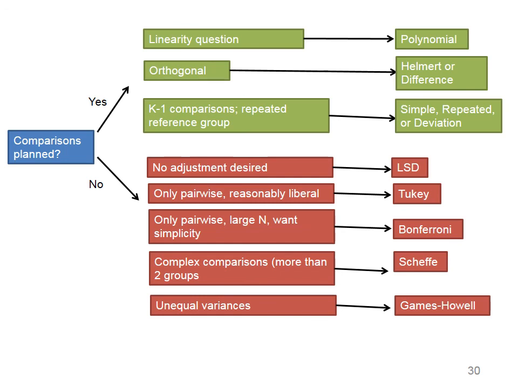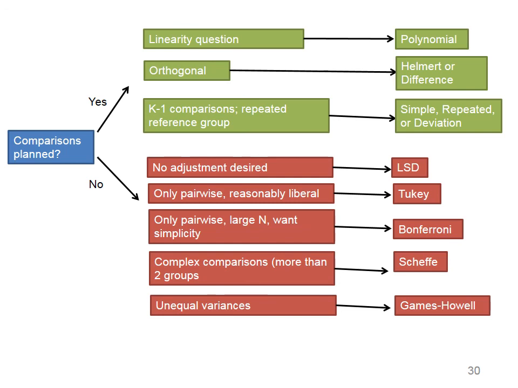If you have k minus 1 planned contrasts that are not orthogonal, because you want to repeat a reference group or singled out group in more than one comparison, then use simple, repeated, or deviation contrast according to need.